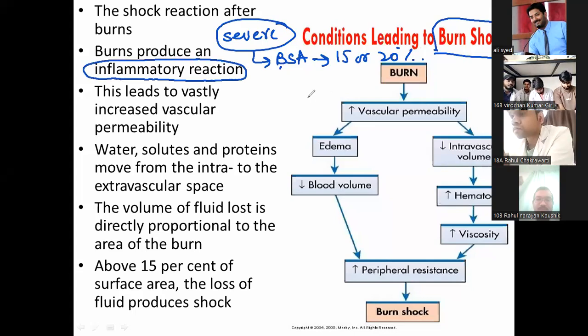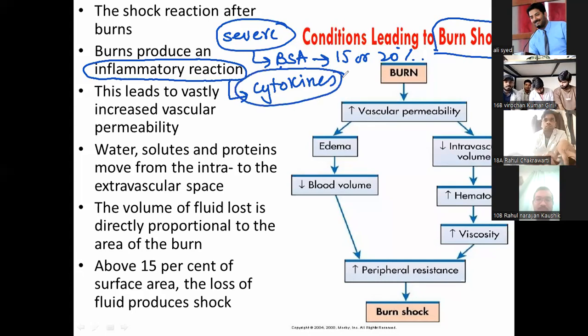Due to that severe inflammatory reaction, there will be release of inflammatory mediators in the form of cytokines. What are these cytokines doing? They are going to increase the vascular permeability of the patient.